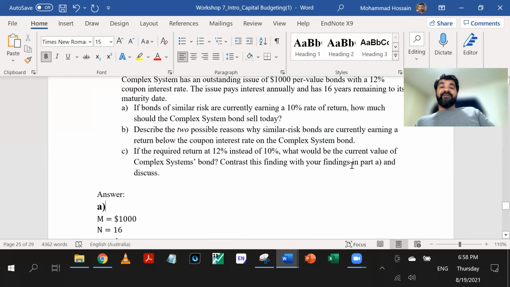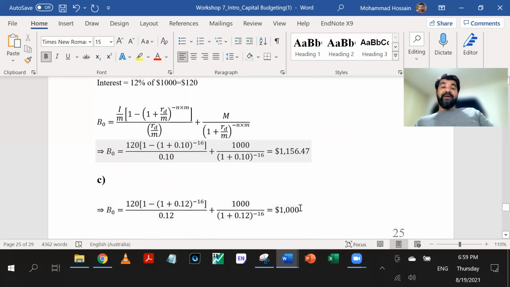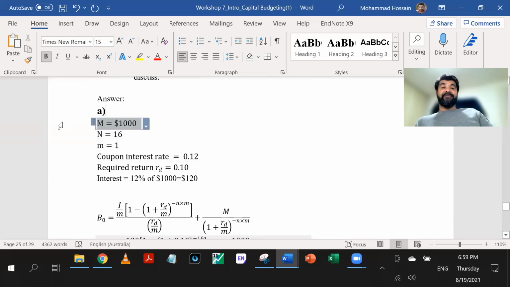Contrast the findings with the findings in part A and discuss what the difference is. The interesting thing is this: this 1,000 is also your par value M. Remember? When your coupon rate and the required return are the same, then your bond value is equal to your par value.